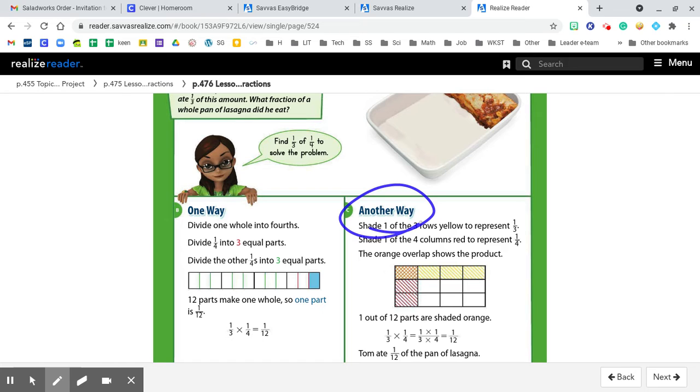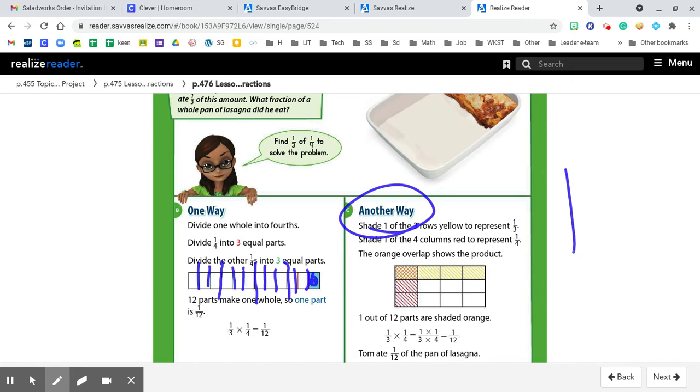You can also divide one whole into fourths, and then divide each fourth into thirds. And then they can say 12 parts makes a whole, so one part would be 1/12.